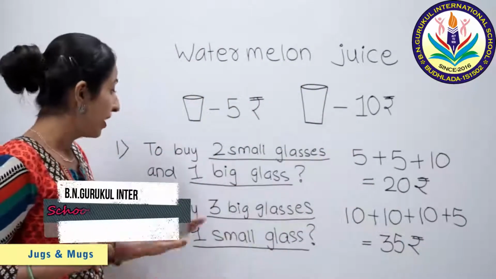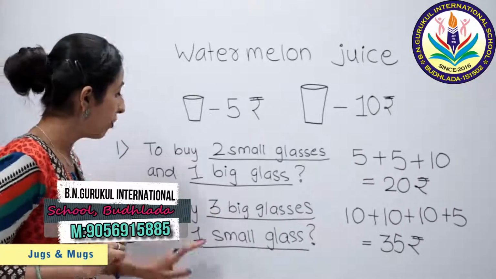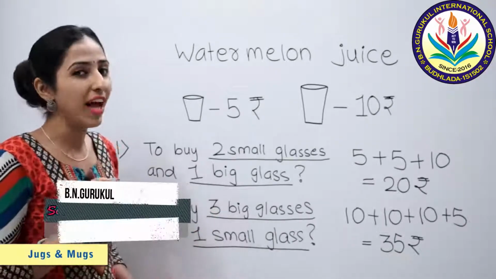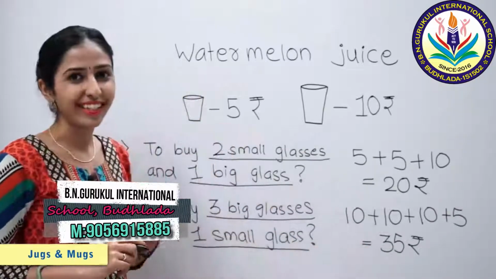So, for buying 3 big glasses and 1 small glass, we will have to pay 35 rupees.